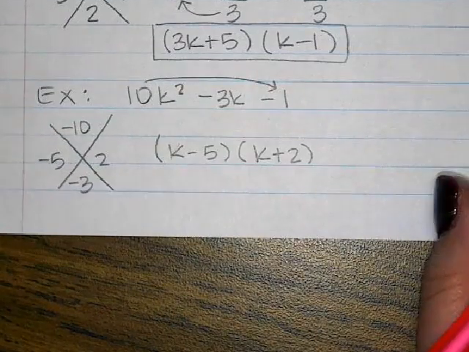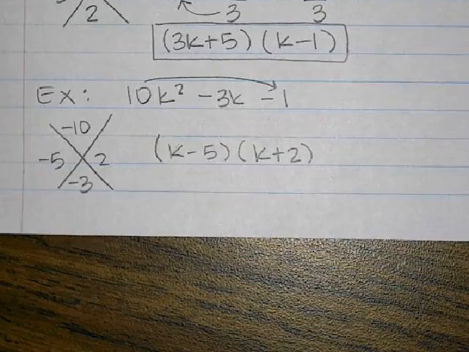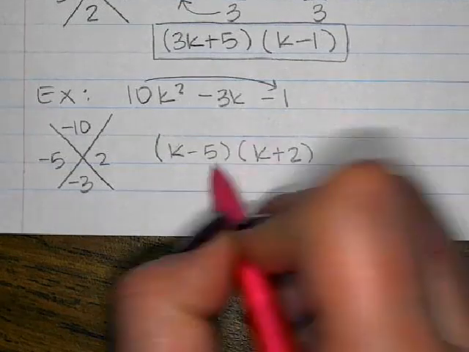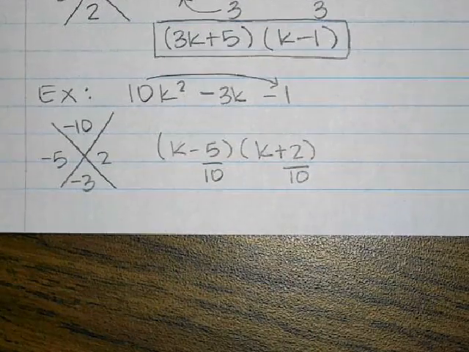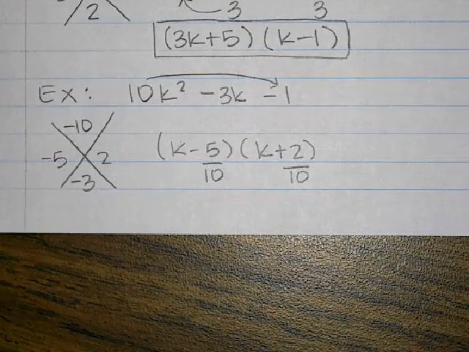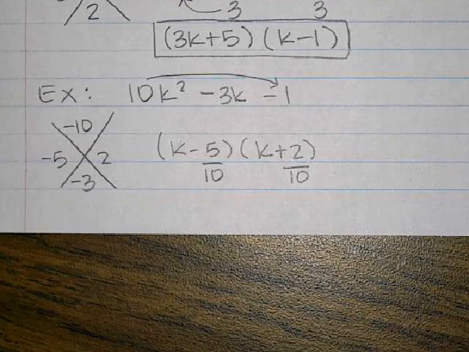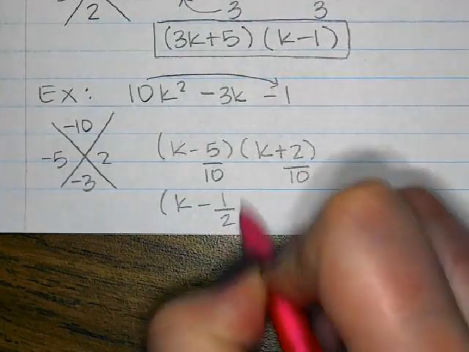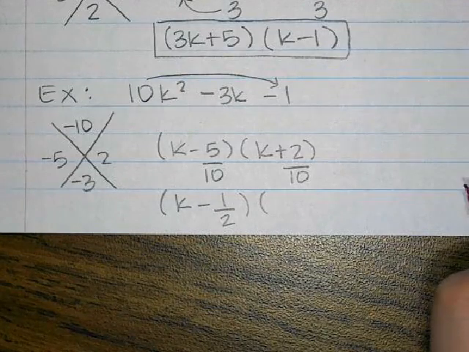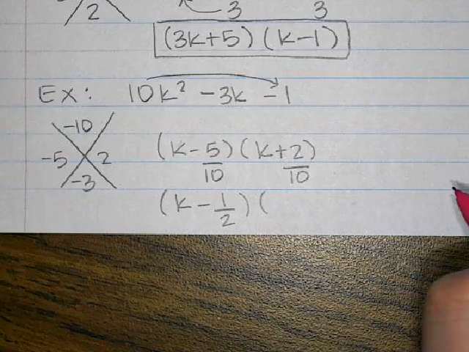And then what do we do? Divide by 10. And then what do we do? We have to... Okay. So k minus 1 over 2. One over 5.